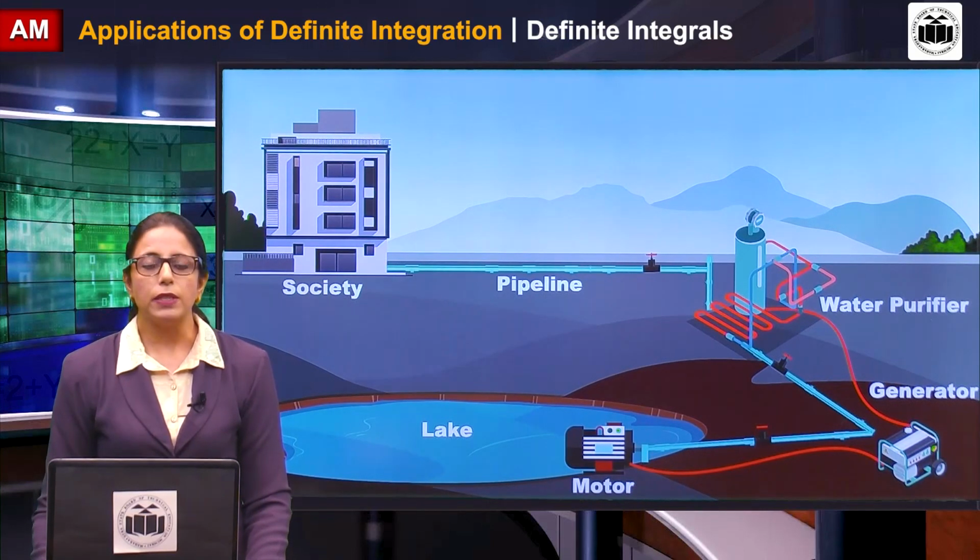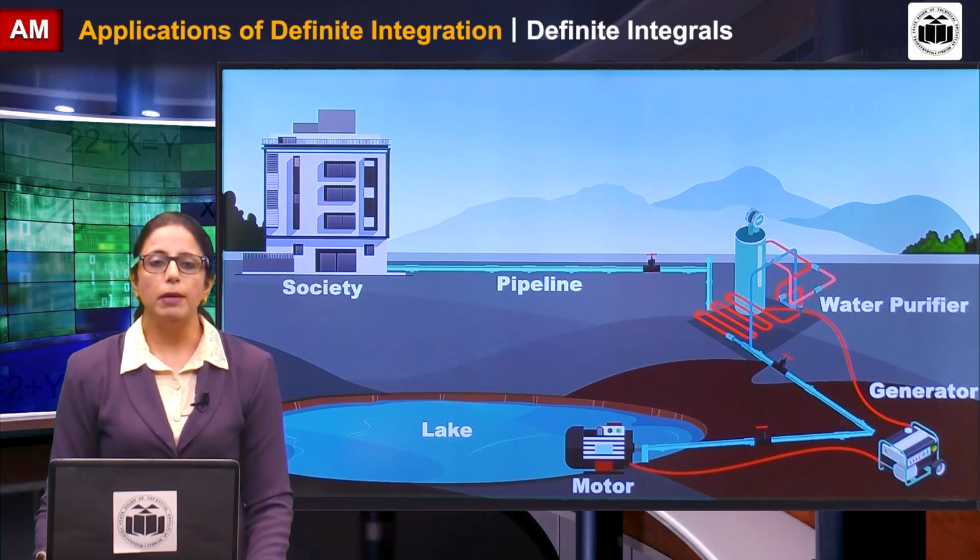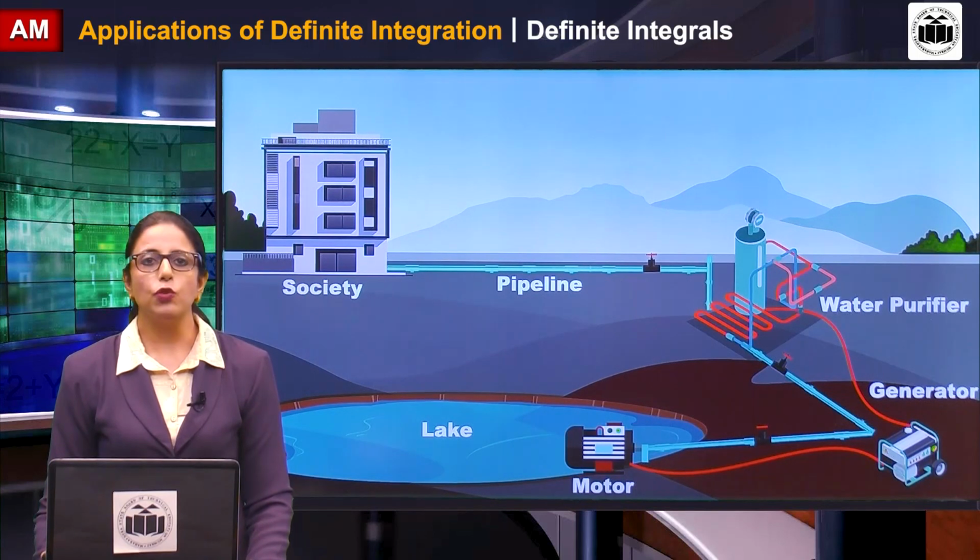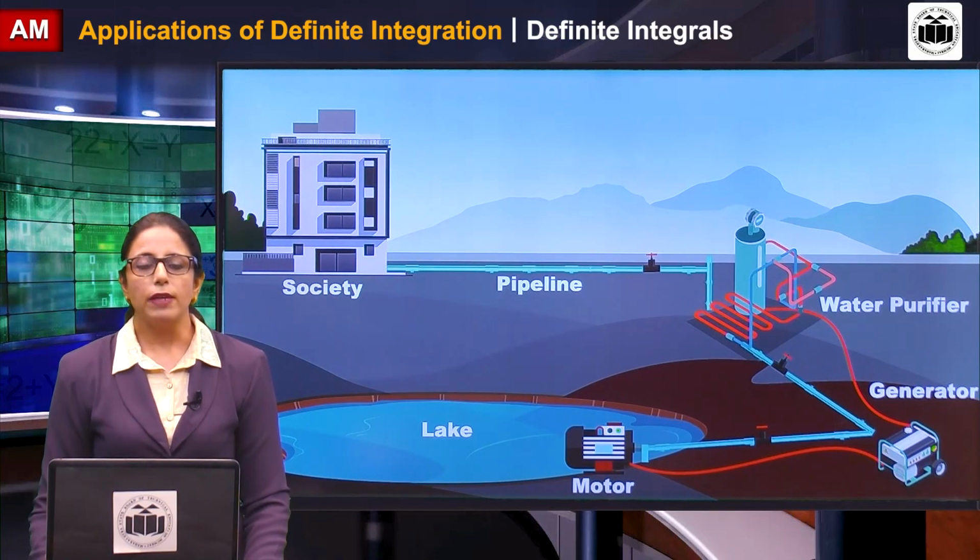So 5 minutes will be the time limit, taken from 0 minutes to 5 minutes. So the integration is from 0 to 5 minutes for the continuous function with respect to t. That will give us the gallons of water being pumped in 5 minutes.